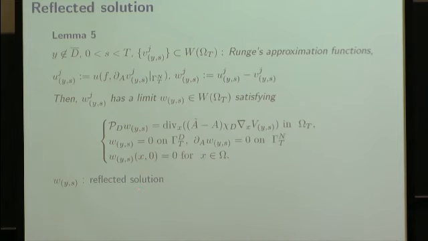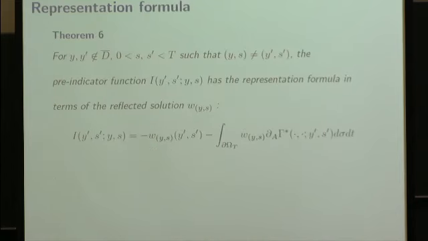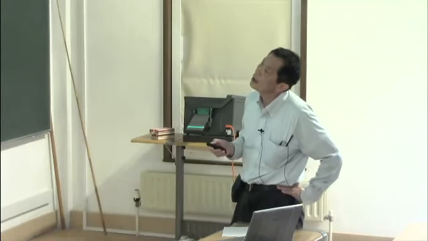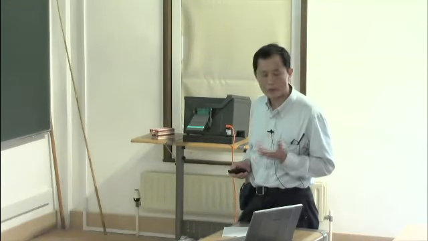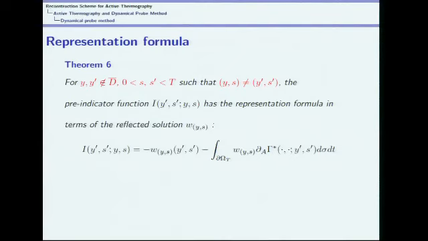The importance of this reflected solution can be seen in the next theorem. We can represent the pre-indicator function using the reflected solution in the following way. Okay. Later, we will take y and y prime equal and let y tend to the boundary of D. Then, due to the fact that the singularity of the parabolic equation will not propagate, so this integral term is always bounded.